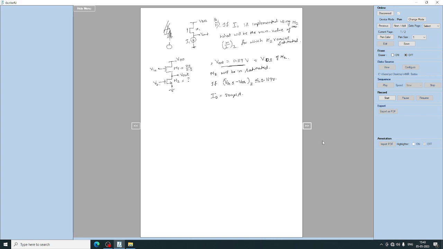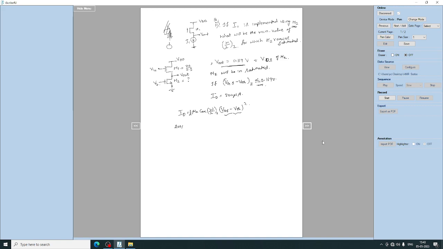So solving for this, the current equation is ID equal to 1 by 2 mu n COX W by L of the second transistor into VGS minus VTH whole square.